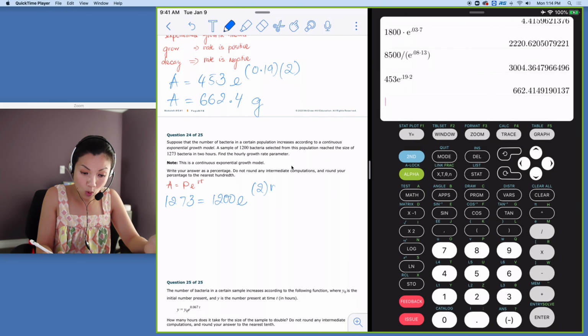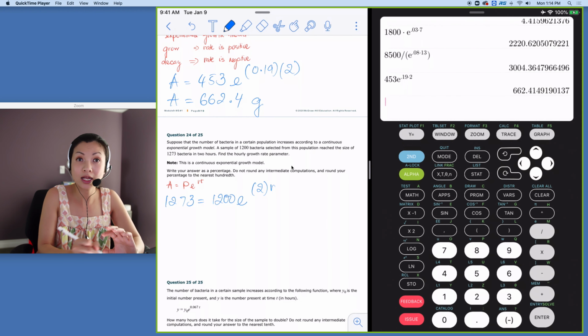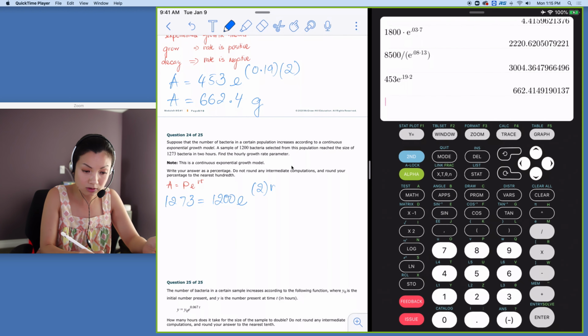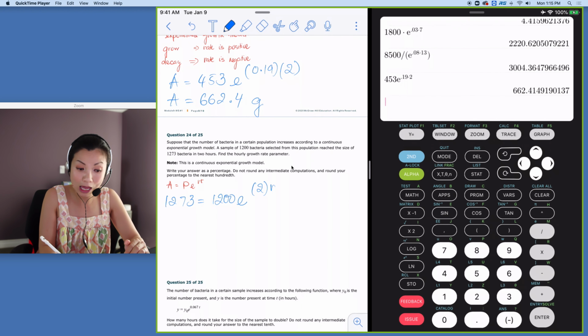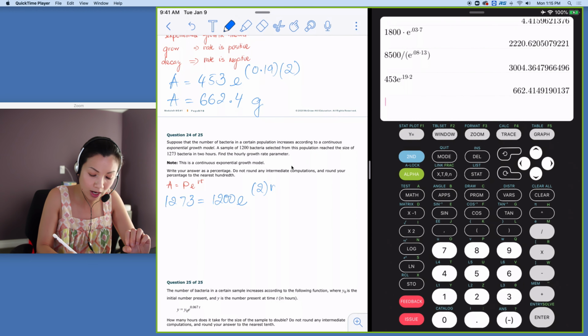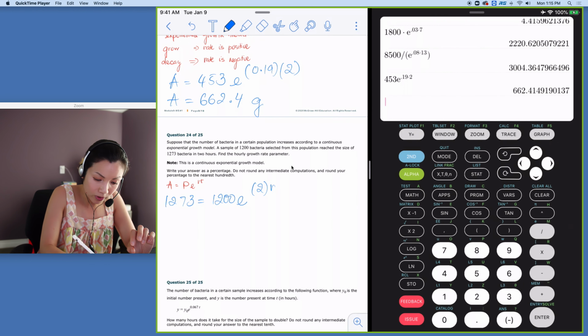Okay, and once again, we're going to go ahead and apply the ln so we can move the r to the front. So first, I can always divide by the 1200, e to the 2r, and then I'm going to apply ln.